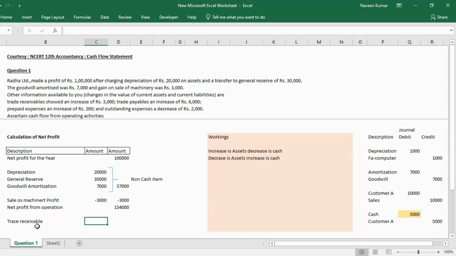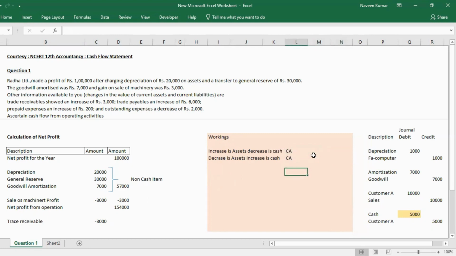So what they're telling here is that trade receivable showed an increase, so that is a decrease in cash. So 3,000. This is for current assets, right?